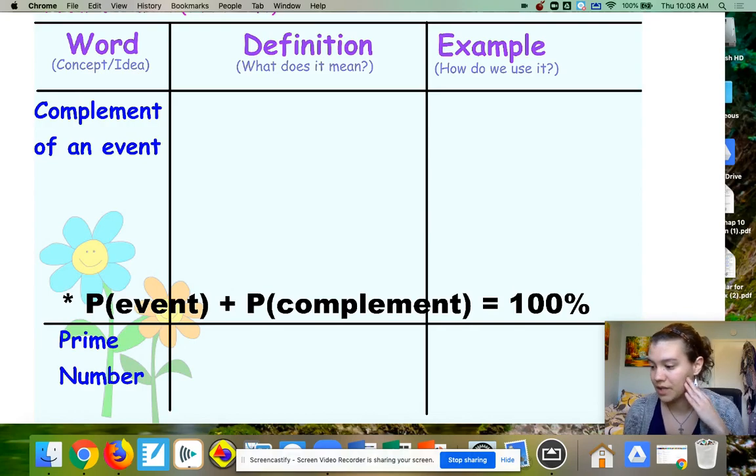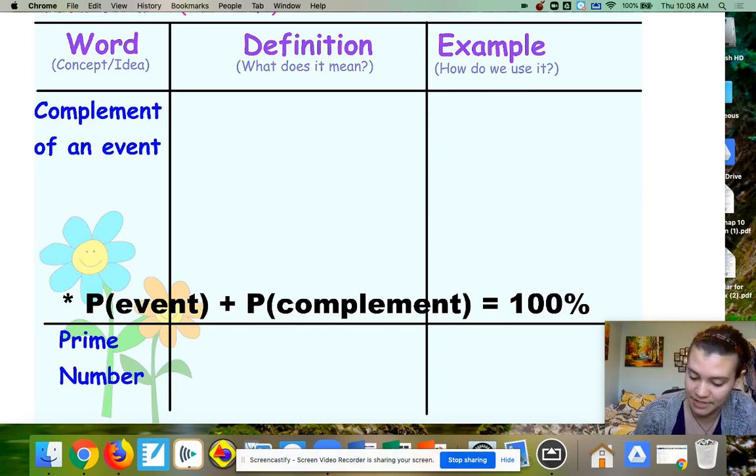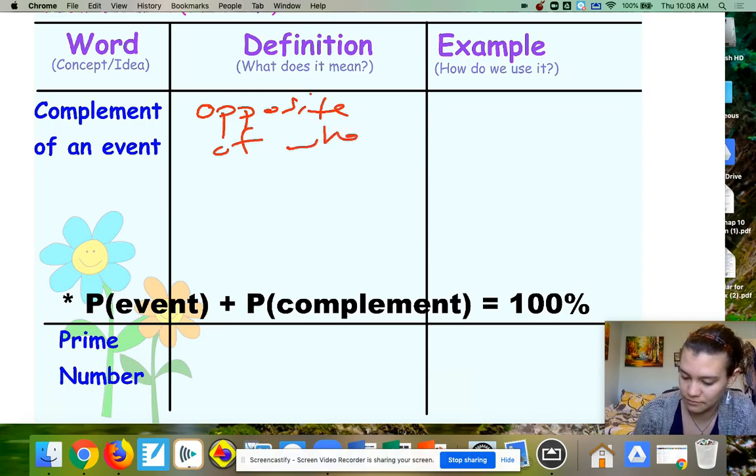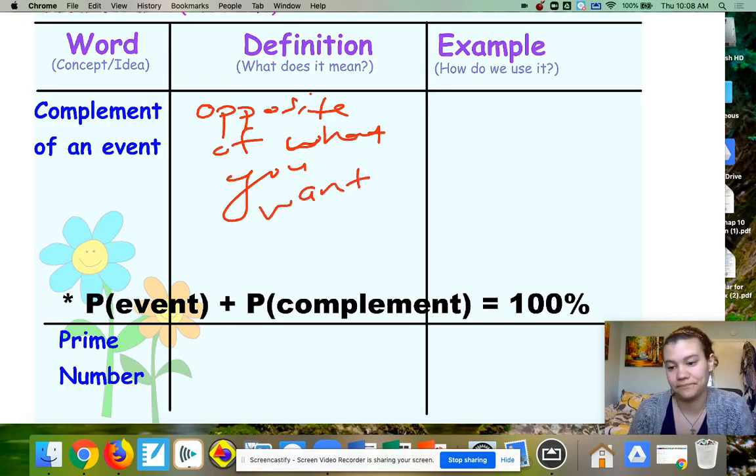Okay. So some more vocab. The complement of an event is the opposite of what you want to happen. So the not event, the opposite of what you want. So like if you were rolling a dice and you wanted 2s, the complement would be anything except 2.